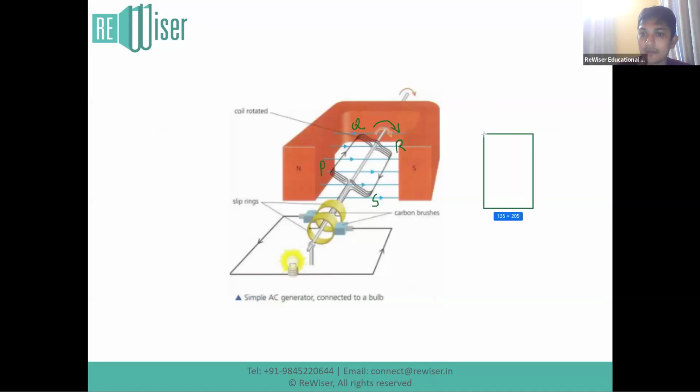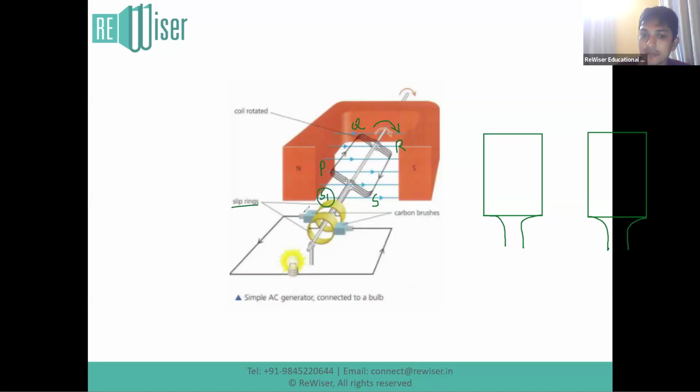Again, I'll take two different paths here. This time it's no longer split rings. The commutator consists of slip rings. I'll name slip rings S1, carbon brush B1, slip ring S2, carbon brush B2.